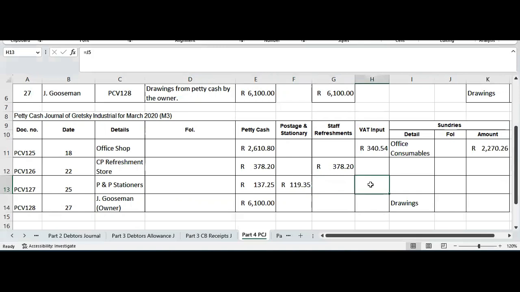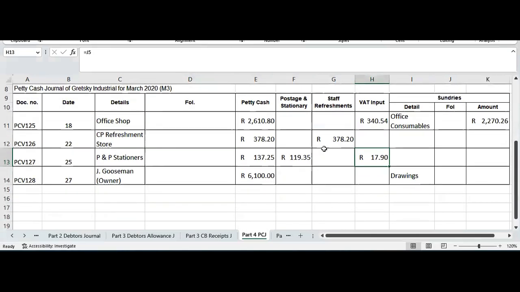And we know that there's VAT on that amount. And when we add the two together, we will get to the amount that we recorded under petty cash. And then when we look at Mr. Guzman, we can just put the full amount there because there's no VAT. And I said to you, we would have been able to complete the petty cash journal from the outset.